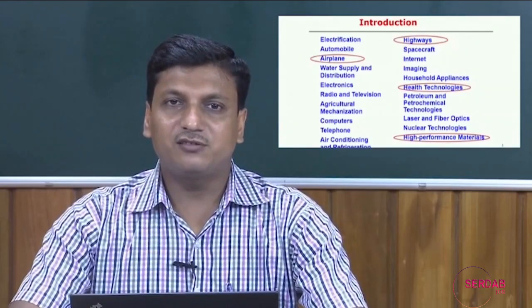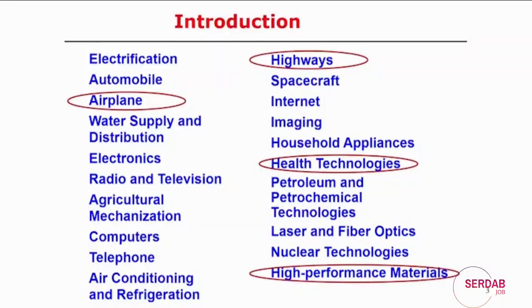So, electrification, automobile, airplane, water supply and distribution, electronics, radio and television, agricultural sector, computer, telephone, air conditioning, and of course, almost all sectors it is covering. So, it is indeed very important to know about the fundamentals of the different welding processes.